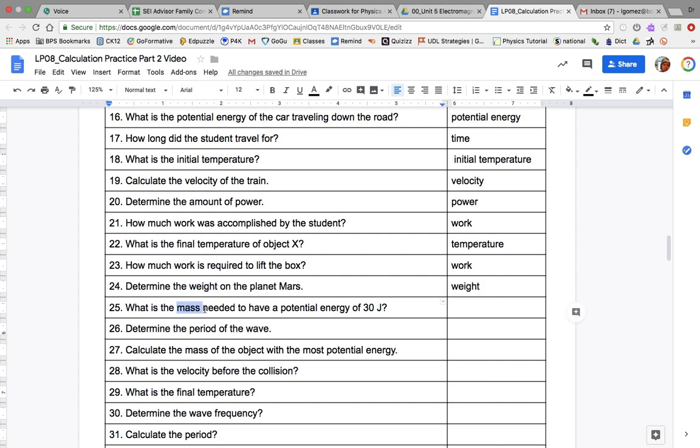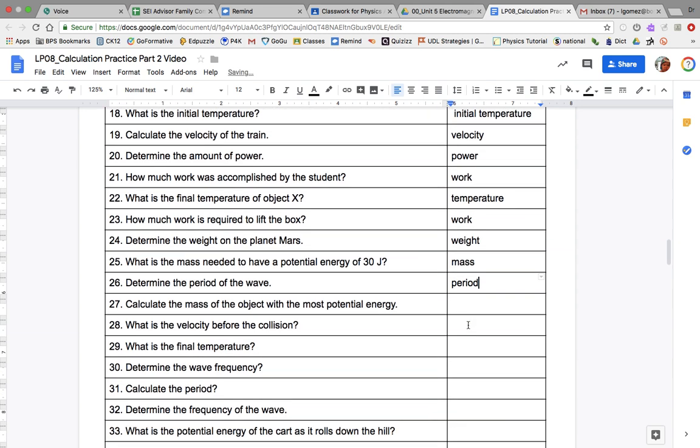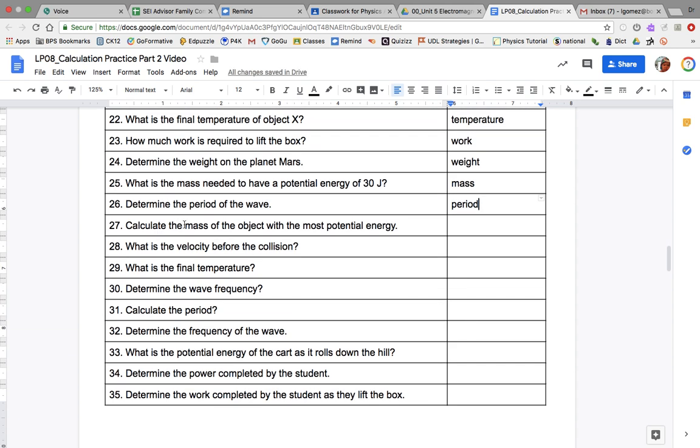What is the mass needed for an object to have 30 joules of potential energy, and determine the period of the wave. So here, period. Calculate the mass of the object.